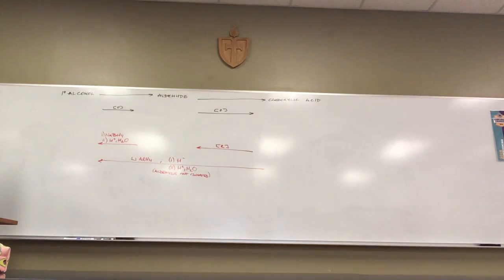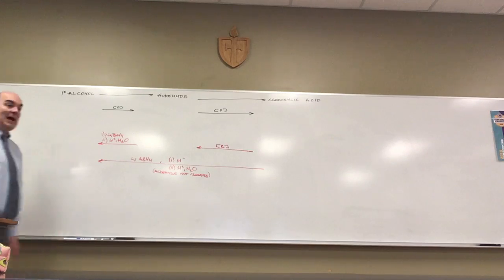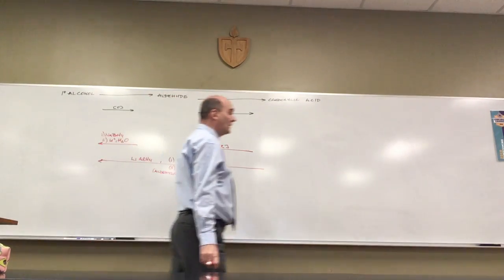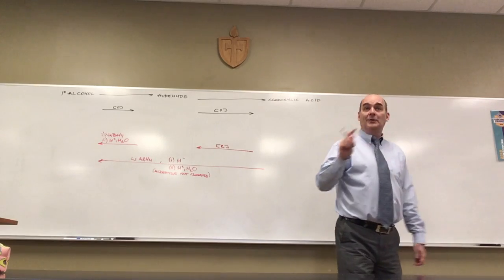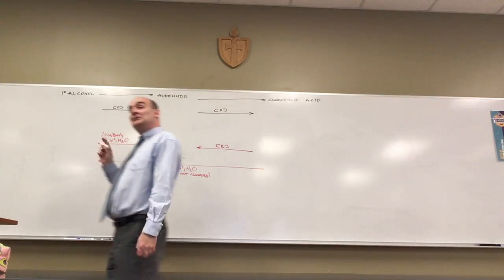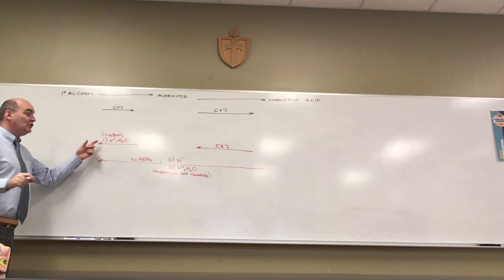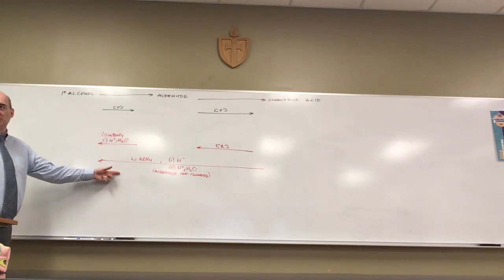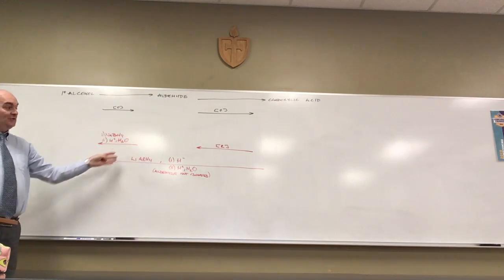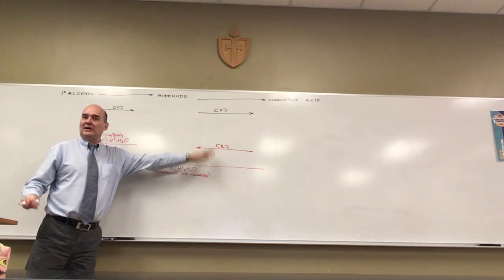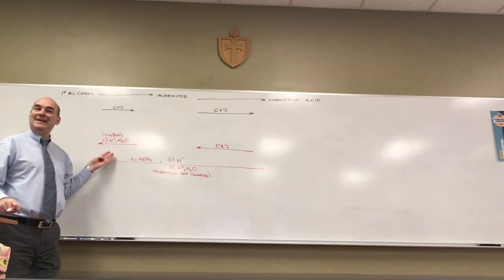Sodium borohydride will reduce aldehydes to alcohols. Lithium aluminum hydride will do that reaction as well, but we choose not to use it because it's so powerful it does other stuff as well. Okay, so we limit ourselves.